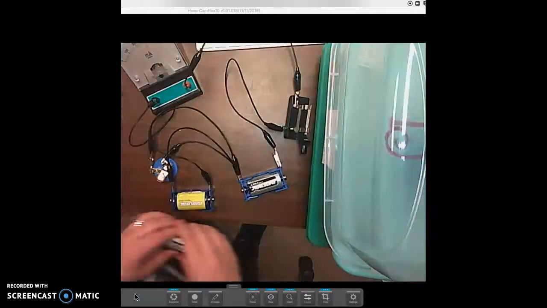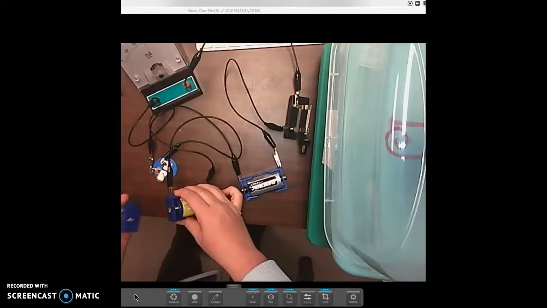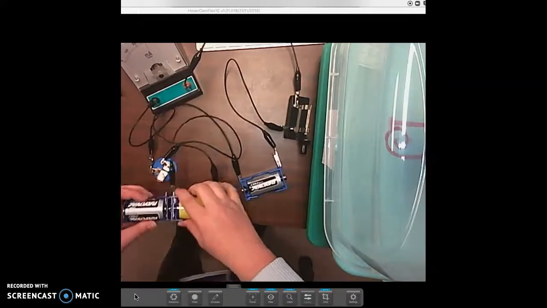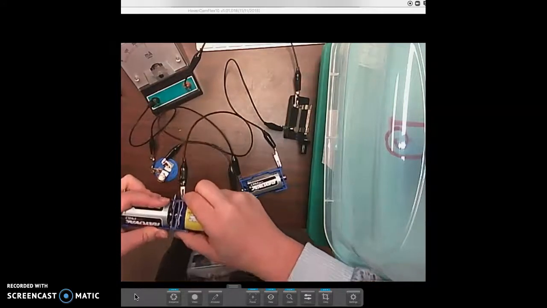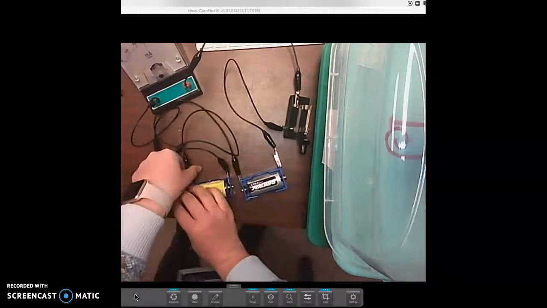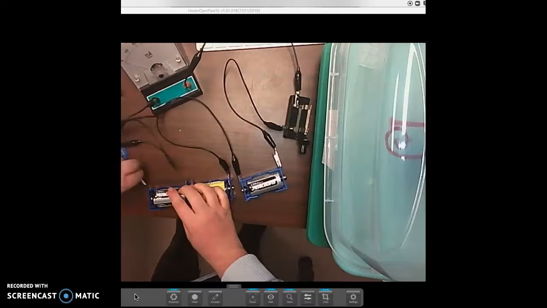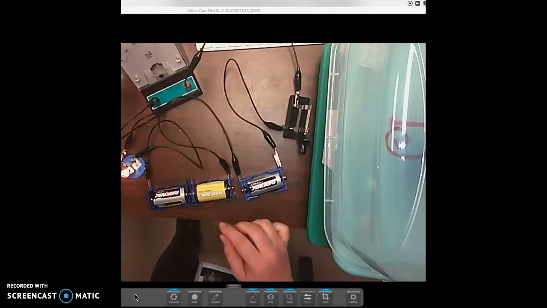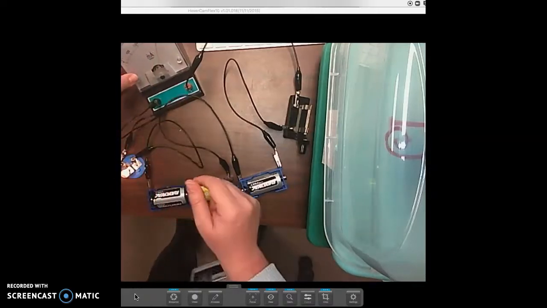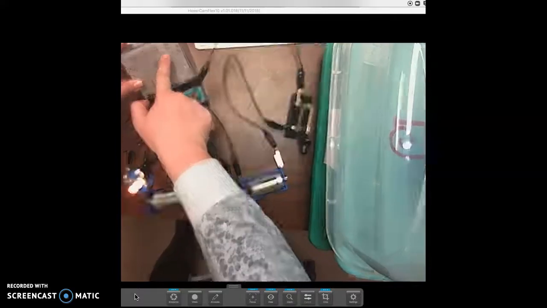So let's do 3 batteries. So I may be able to pop these inside one another and create the current that way. If not, you can get another wire. And we see that our current went up again.